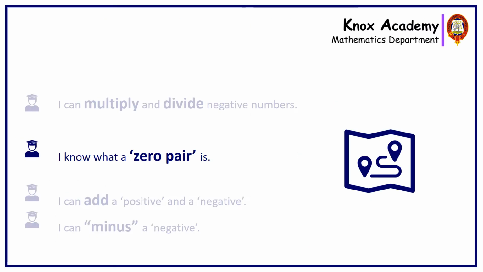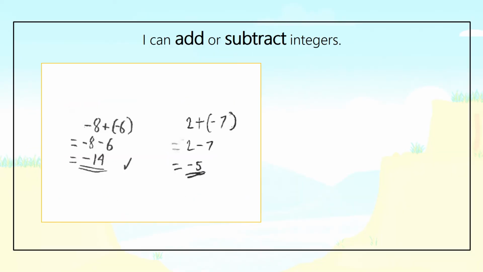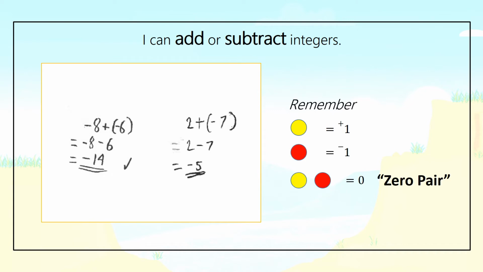So that, in a nutshell, is what a zero pair is. What we now need to look at is why that's useful by looking at adding positive and negative numbers together. And like I say, this concept of a zero pair is so important right now. So again, here's an example of the learning intention and success criteria slide.